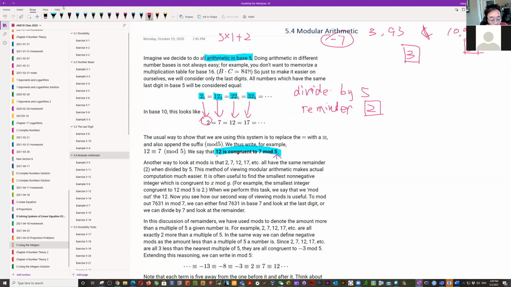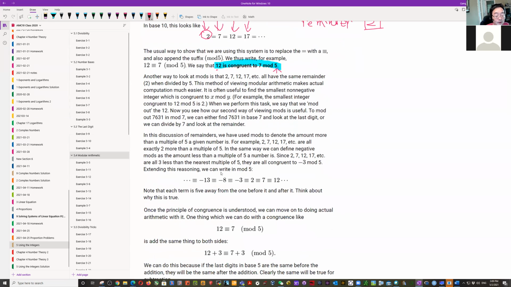And usually people, when doing this type of problem, prefer the smallest positive modular number. So basically, it's also congruent to 2. So here is the mod number, if they are congruent.